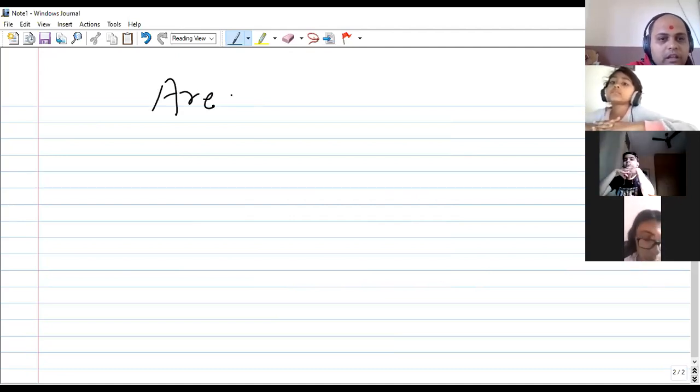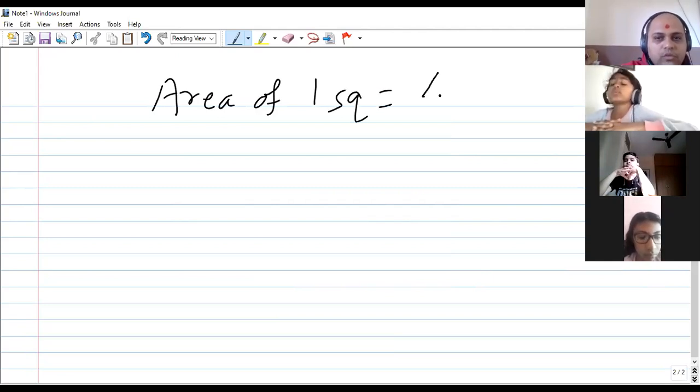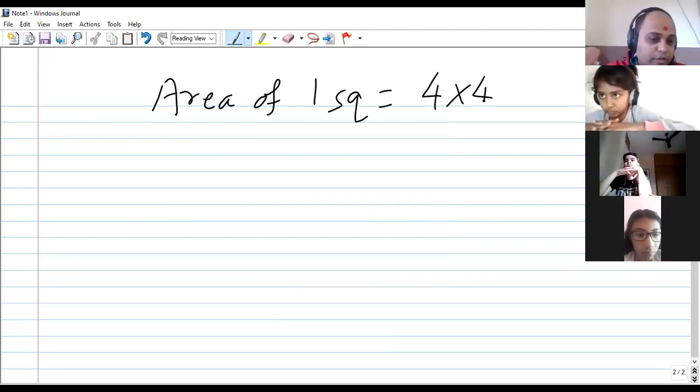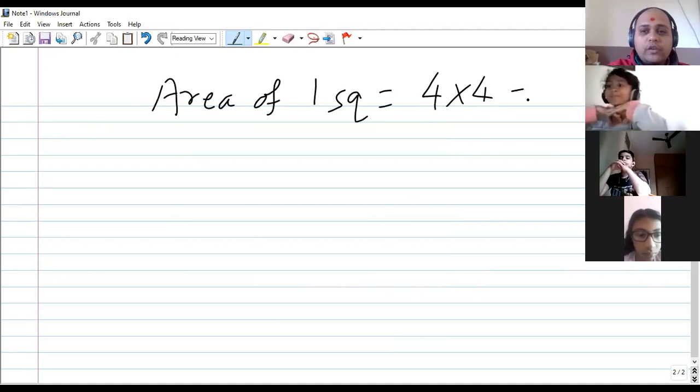Area of one square is equal to 4 into 4, because we know the area of a square is side into side. One side is 4 centimeters, so the area of one square is 4 into 4, which is 16 square centimeters, right?